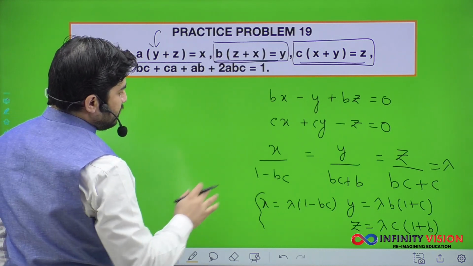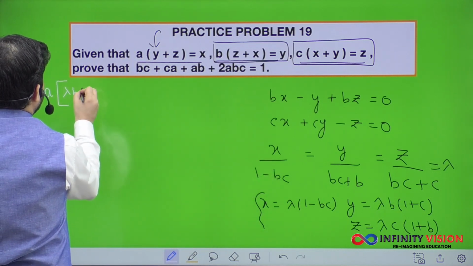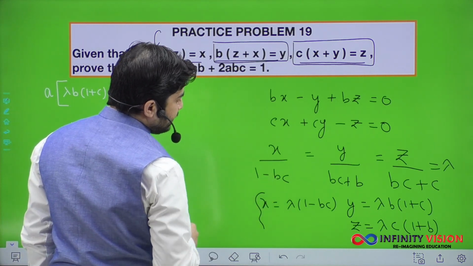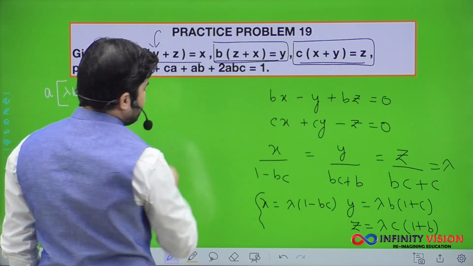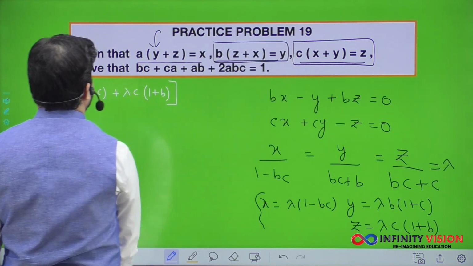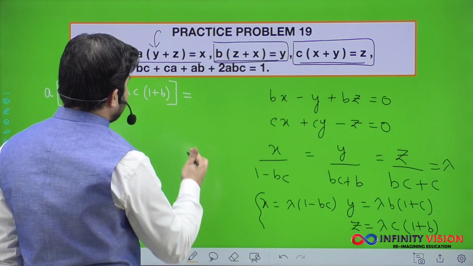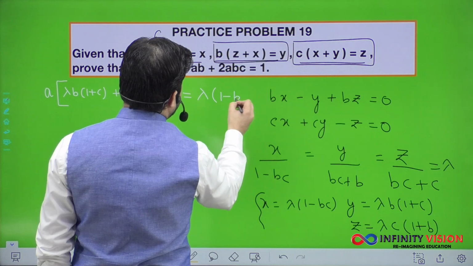y plus z. For y, I can write lambda b into 1 plus c, and for z, I am going to write lambda into c into 1 plus b. And this whole thing would be equal to x. And what is my x? My x is lambda into 1 minus bc.